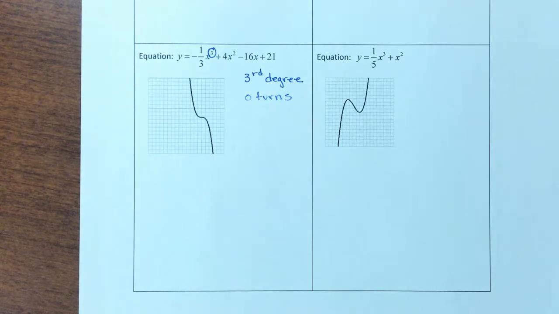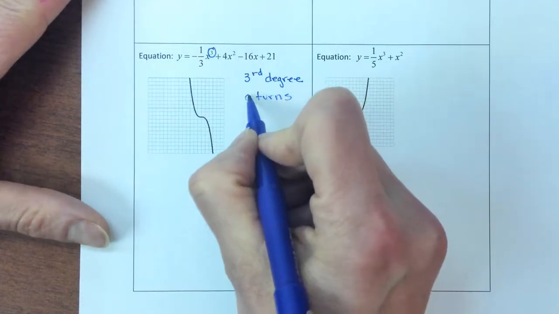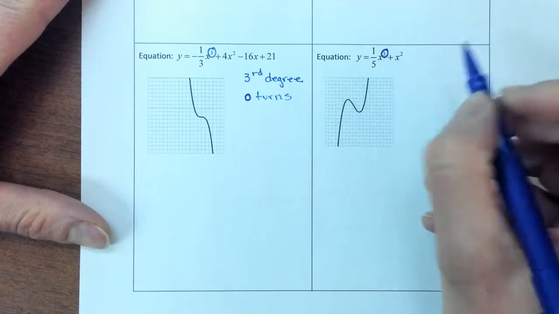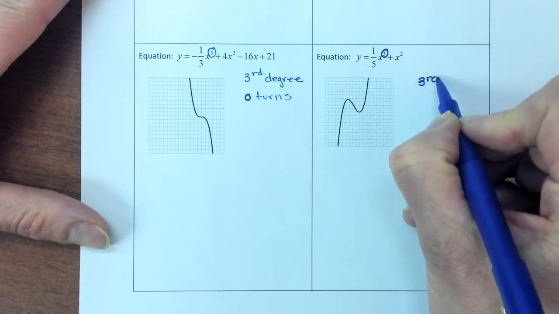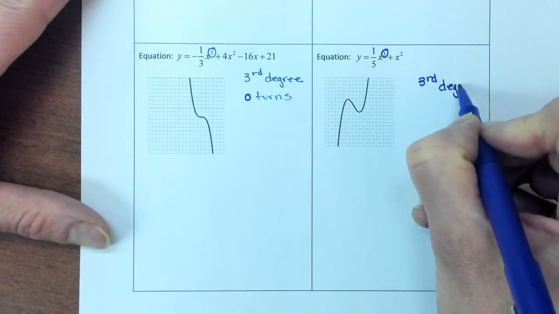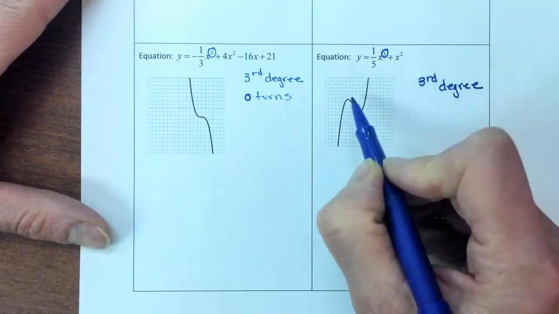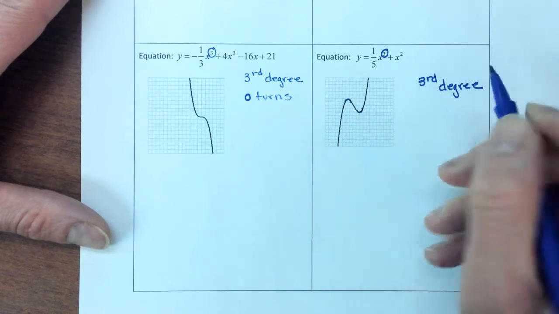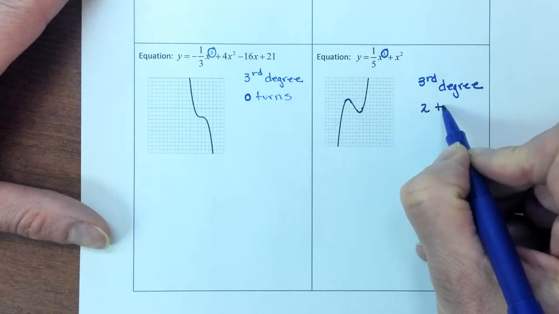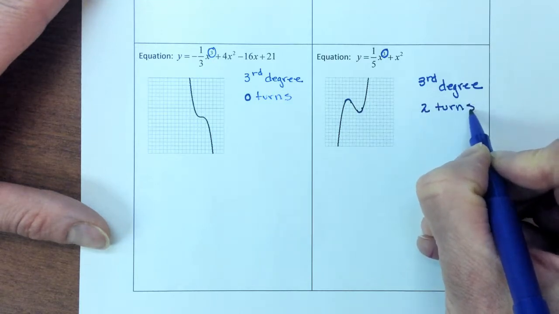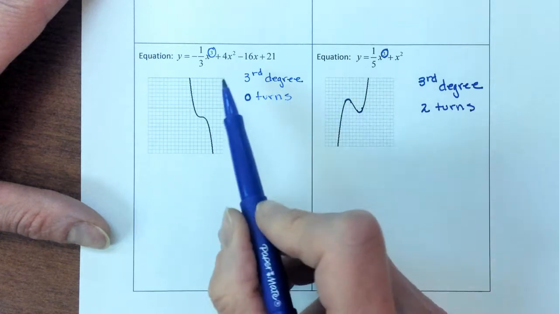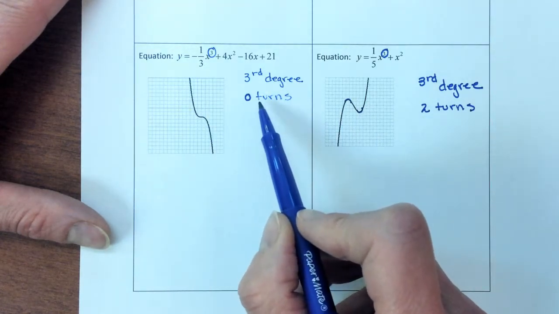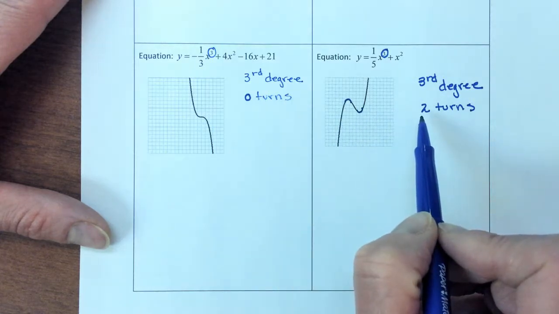Well, let's look at the one next to it. Let's compare these two. This is also a third degree. And how many turns does this have? This has 1 turn. This has another turn. So this has 2 turns. So we can see that our third degree could either have no turns or 2 turns.